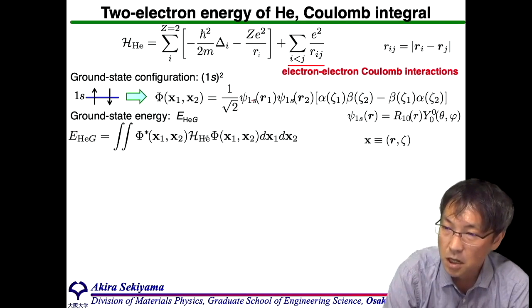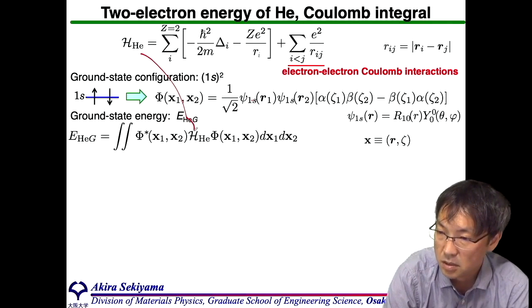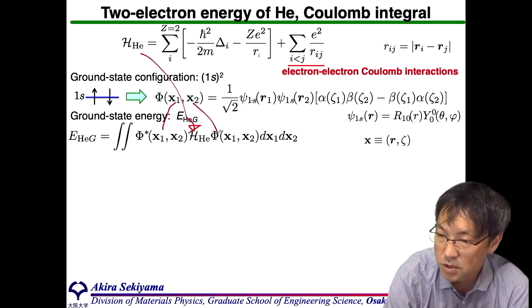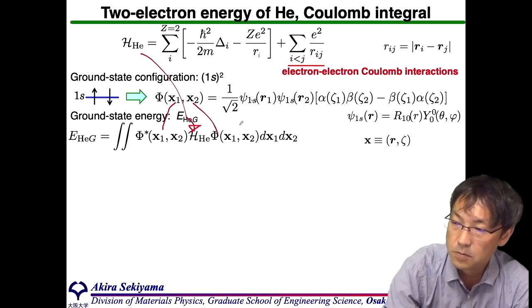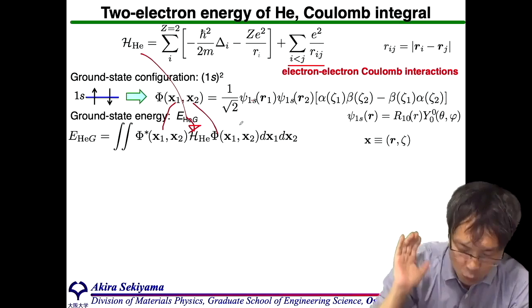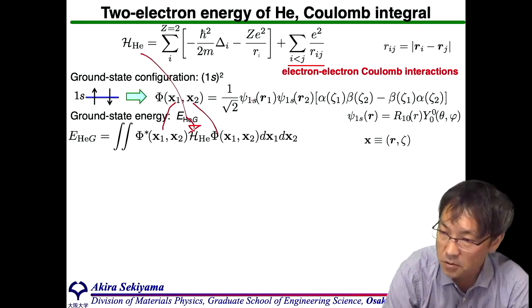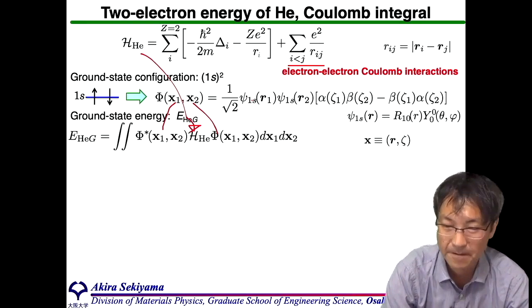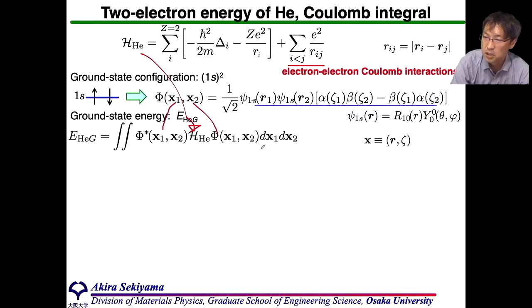So this is a Hamiltonian. We put it here and we put this function here. Then after the calculation, we get the ground state energy with 2 electrons in the helium atom. So this is the calculation.